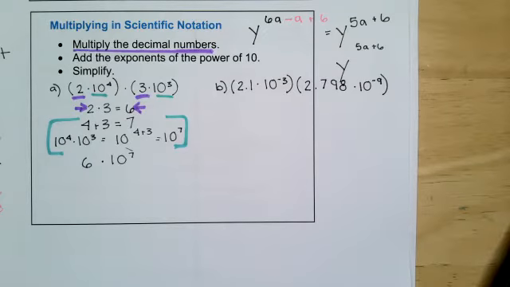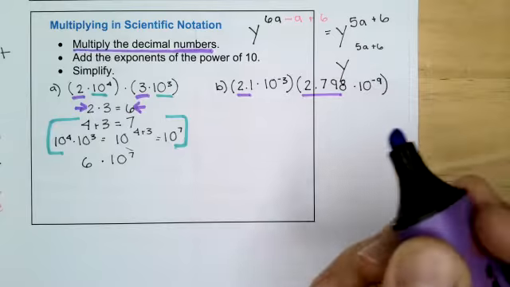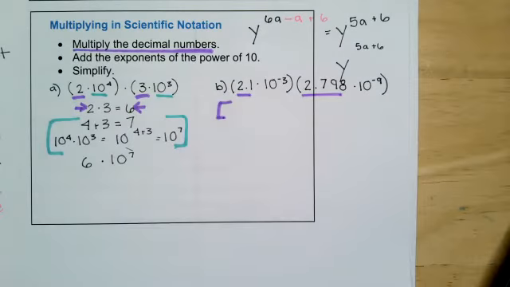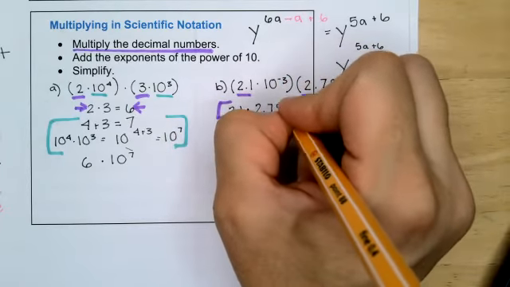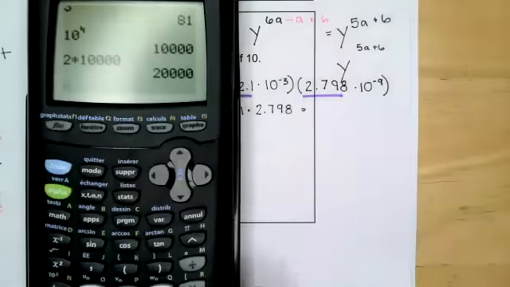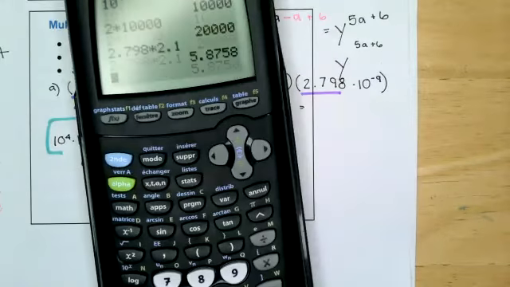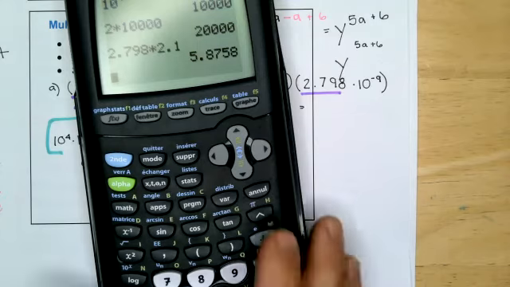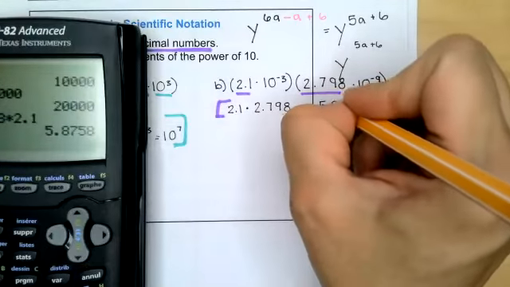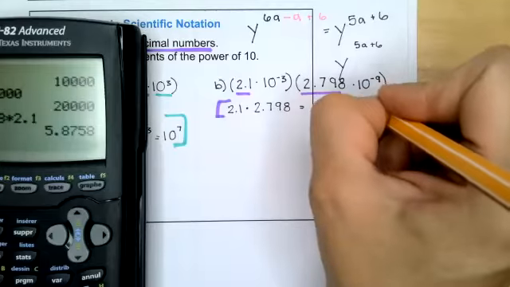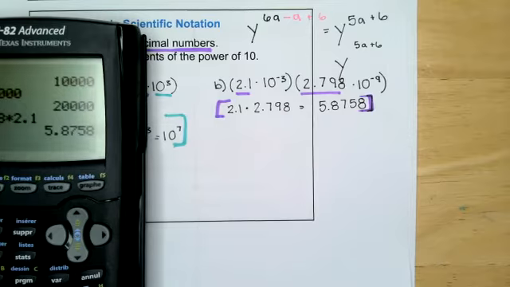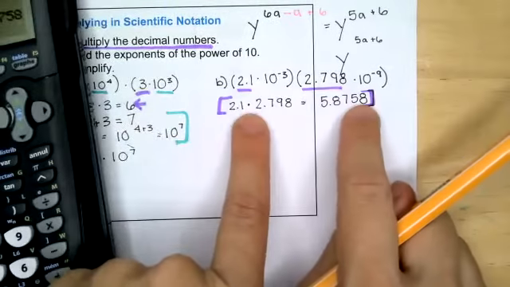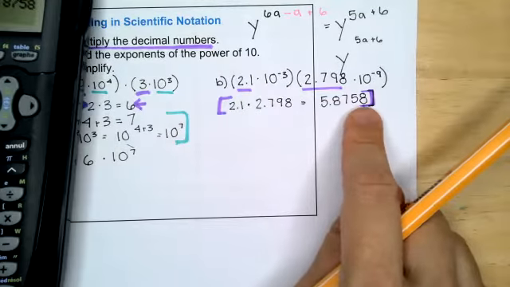The first thing you're going to do is multiply the decimal numbers. 2.1 times 2.798 becomes 5.8758. You don't need the brackets. I just wanted to make sure you know that's the purple part. We took those two and got 5.8758.